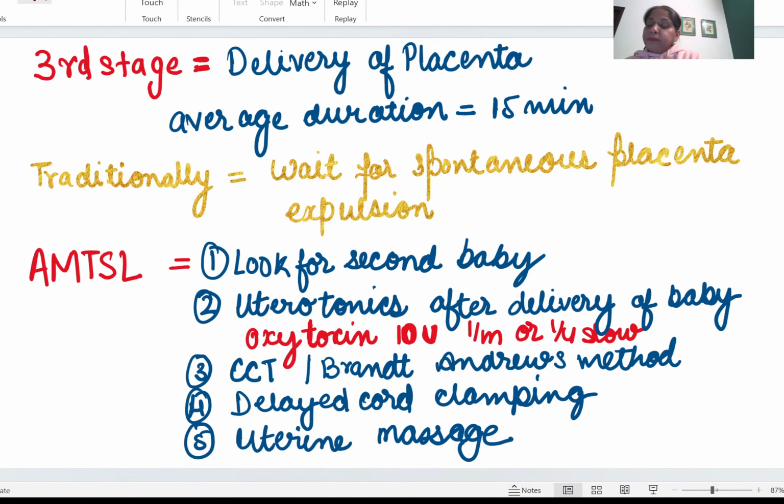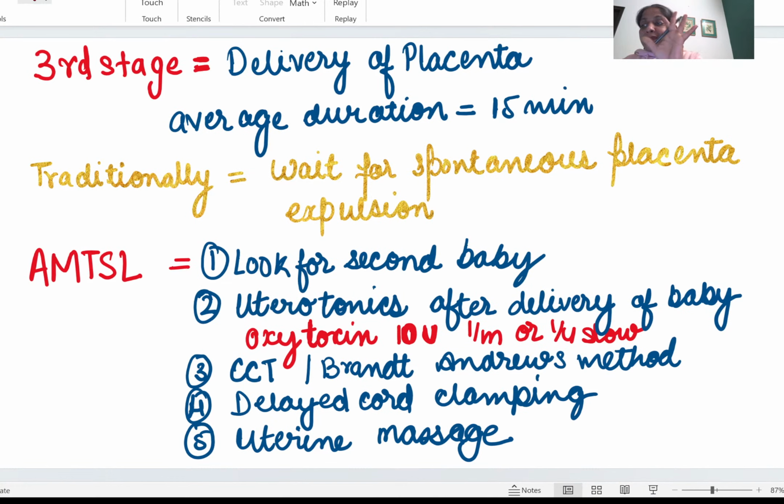After the placenta has been separated, we have to clamp the cord. It is advisable to do delayed cord clamping, because it allows blood to go into the fetus and helps in recovery from fetal anemia. And lastly, we do uterine massage.